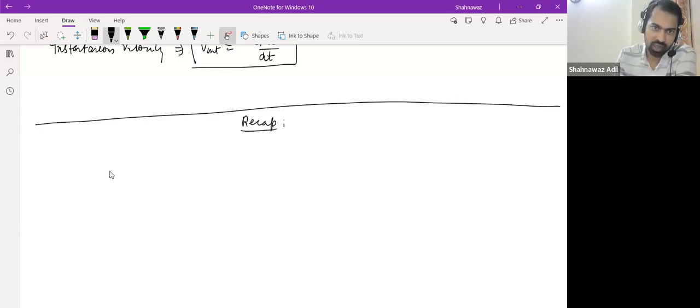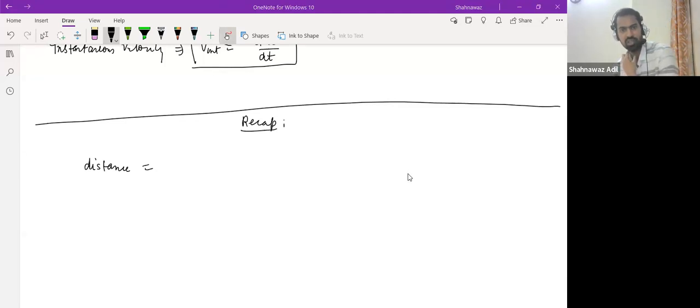This is chapter 3, motion in a straight line.